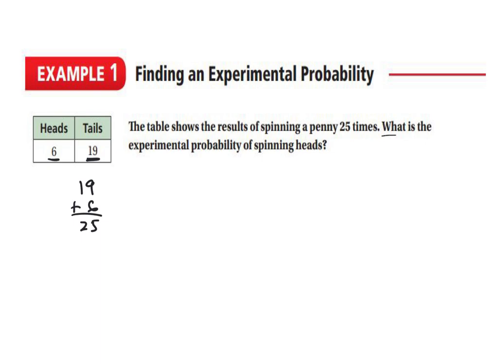We want to find what is the experimental probability of spinning heads. So that would be 6 over 25, and then 6 divided by 25 equals 0.24. And if you wrote it as a percent, that would be 24%. We could also say that that is unlikely.